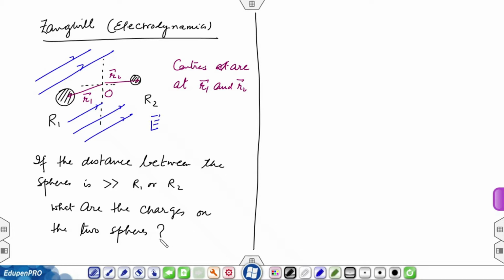So, we will be using that approximation, and when I use it, I will let you know how we are using it.